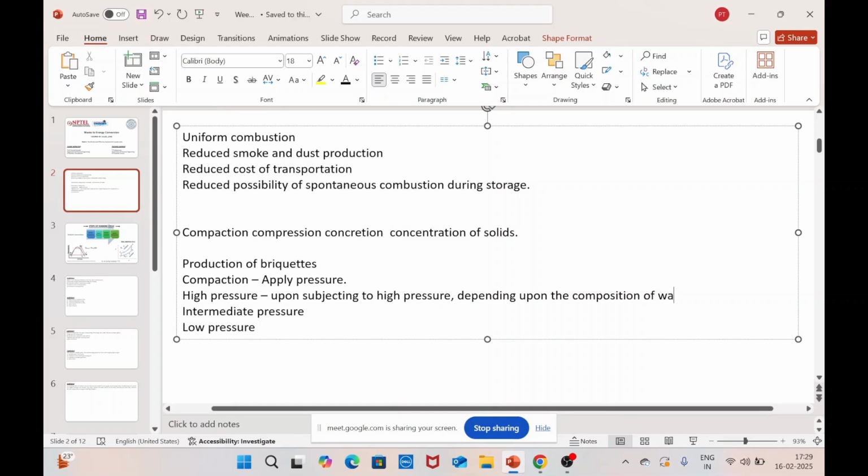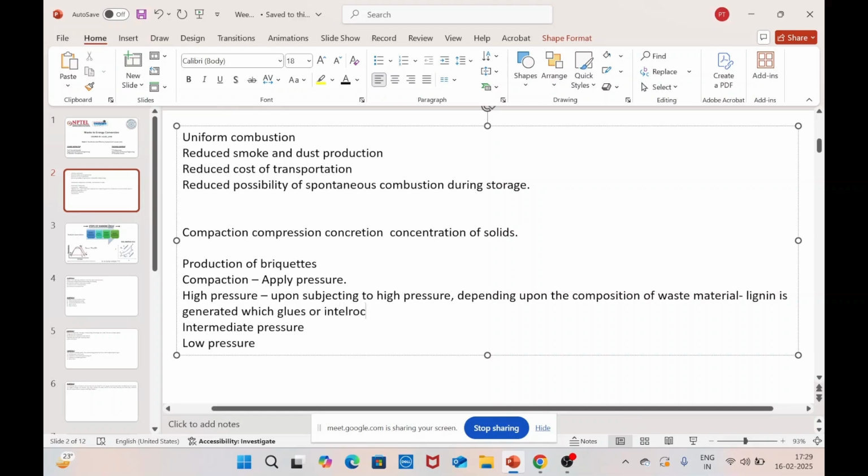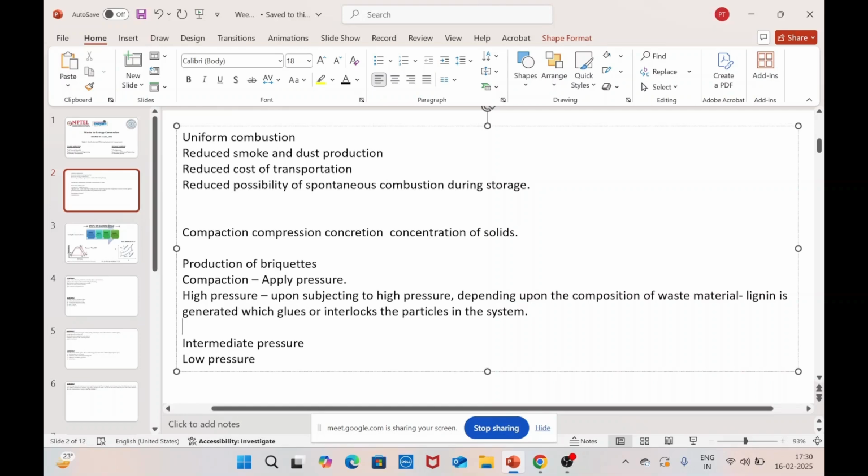The lignin is generated, which glues or interlocks the particles in the system. So this is in case of high pressure.